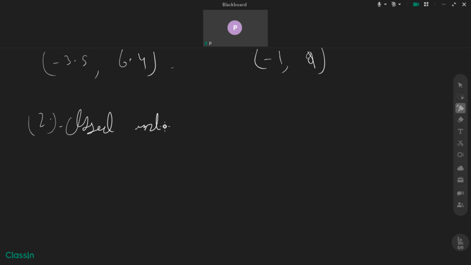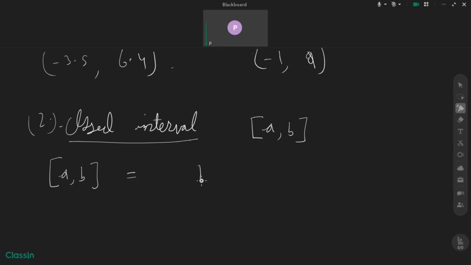The closed interval is represented like this: square bracket a comma b square bracket.